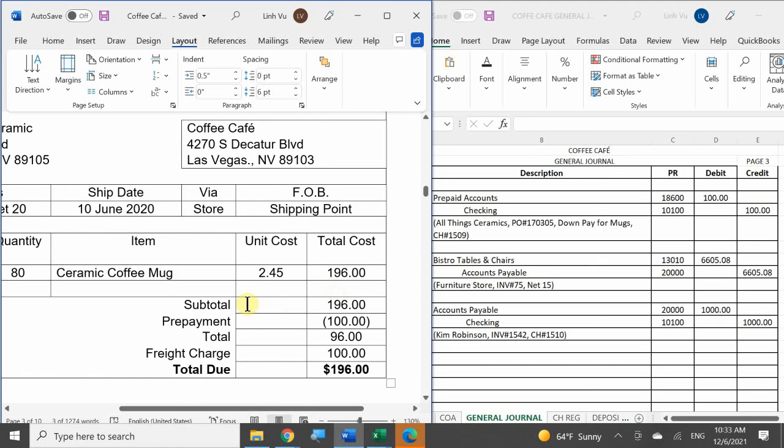Here's your subtotal. We had a down payment that went against the bill, and it came out to a total of $96, but we got charged freight of $100, so now our total amount due is $196.